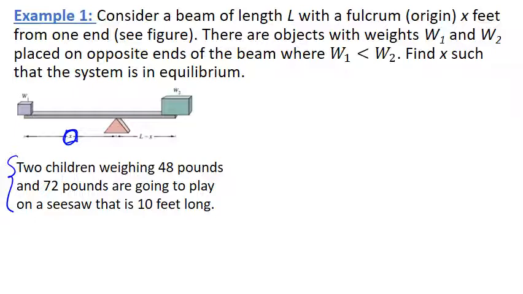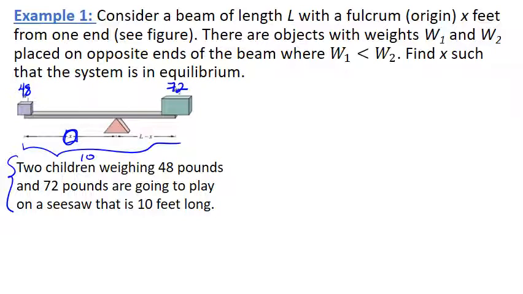And two children weighing 48 pounds and 72 pounds are going to play on a seesaw that's 10 feet long. So we know that this whole distance is 10 feet. If weight 1 is less than weight 2, then that means this child is 48 pounds and this child is 72 pounds.